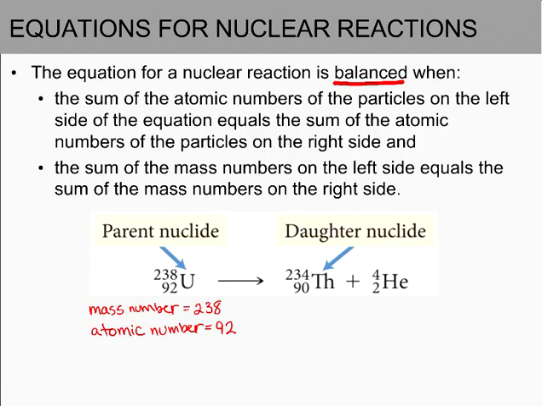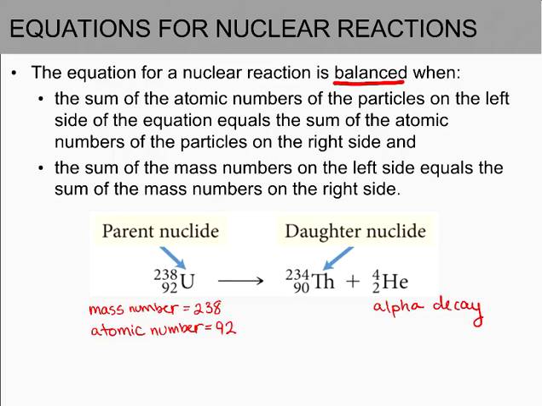Now the products of this reaction, we have thorium, TH, and it has a mass number of 234 and an atomic number of 90. And then we also see that we're emitting an alpha particle. So this is alpha decay. And remember, we can represent an alpha particle with helium. And it has a mass number of 4 and an atomic number of 2.